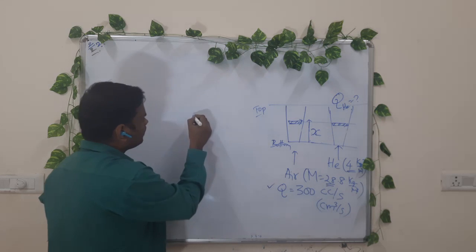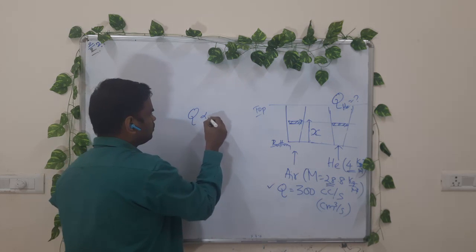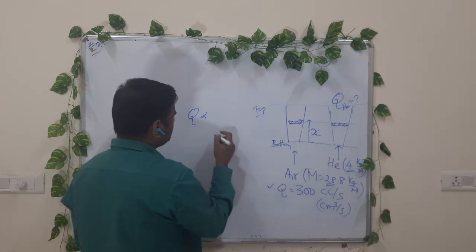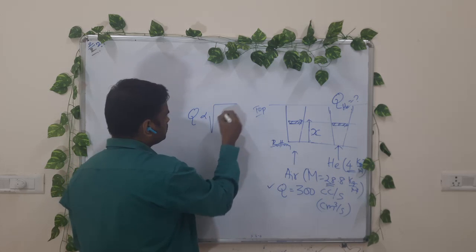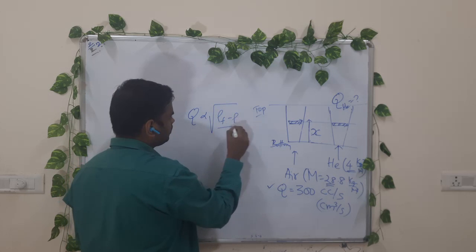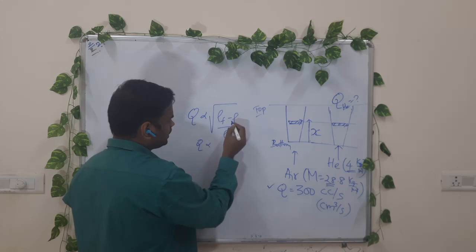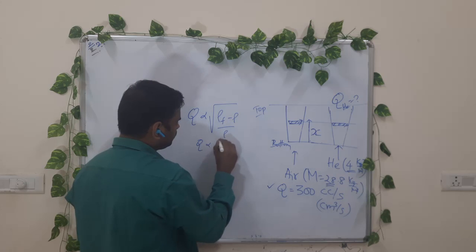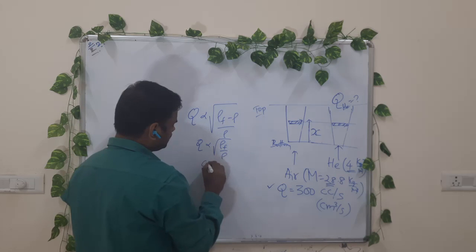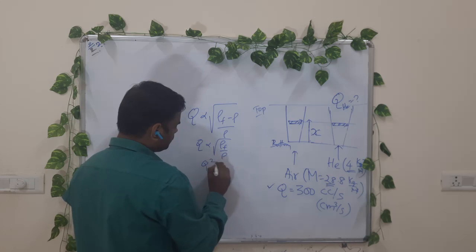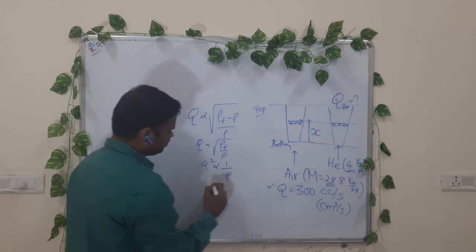For that we should recall what we know about Q. Both are gases, air as well as helium. We know Q is proportional to (ρf minus ρ) by ρ, and for gases ρf is very much greater than ρ, so Q is proportional to ρf by ρ, or Q is inversely proportional to ρ. So Q square is proportional to 1 by ρ.